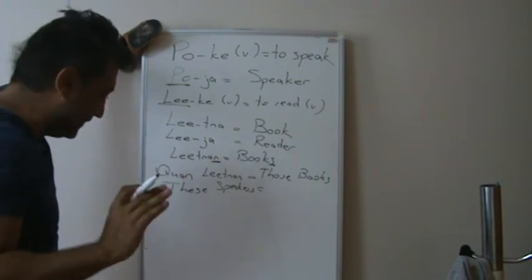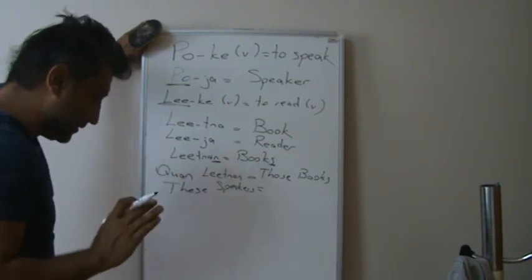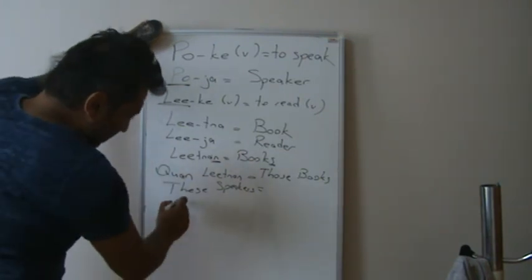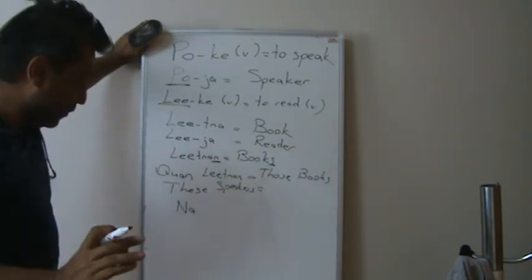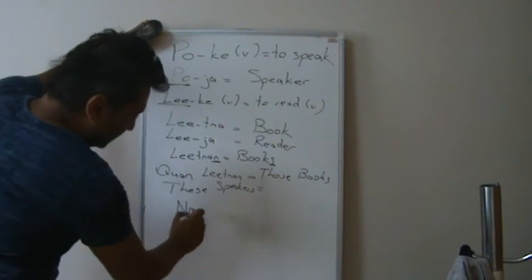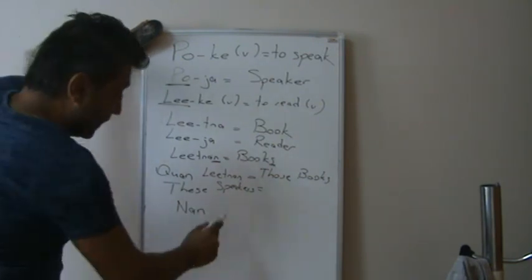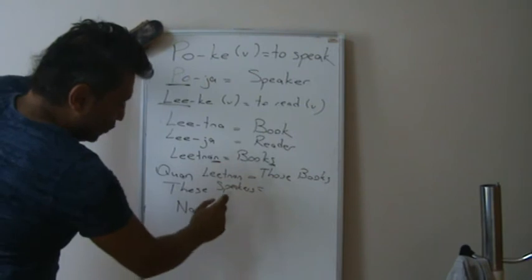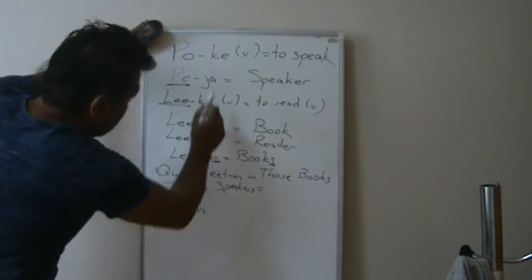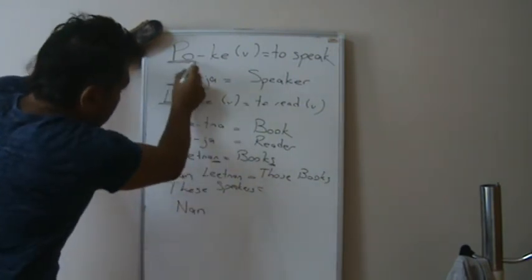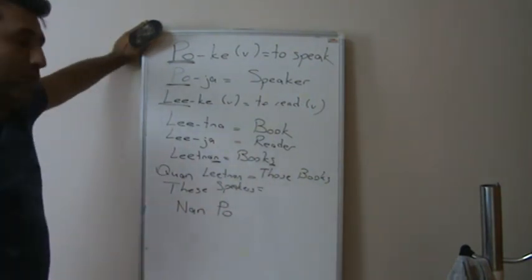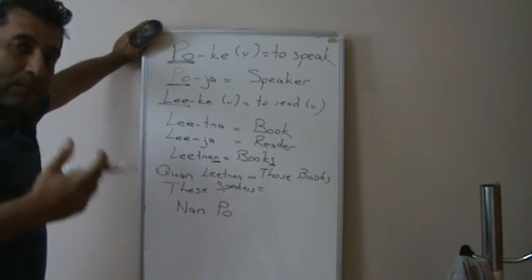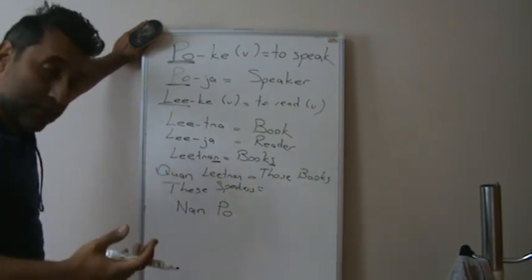Let's first start with this. This means na. These, the plural form, is nan. Right? Okay. So how do we do speakers? To speak, as you can see, the verb root is po. How do we make it the person who does the action?